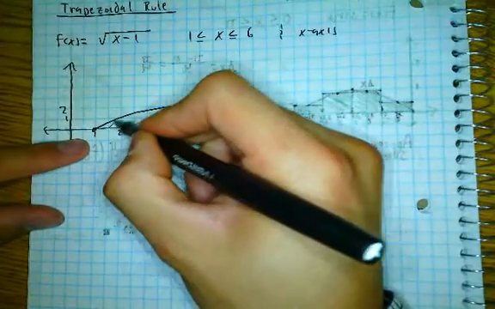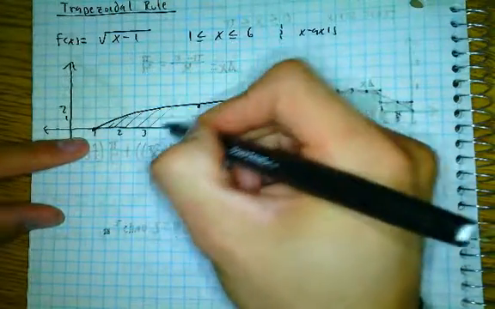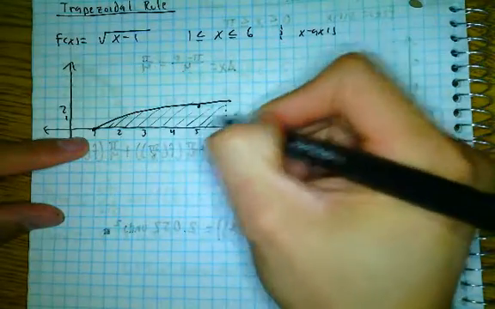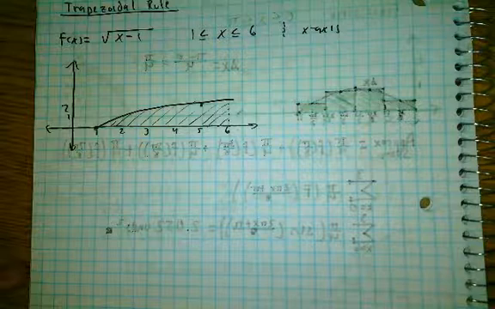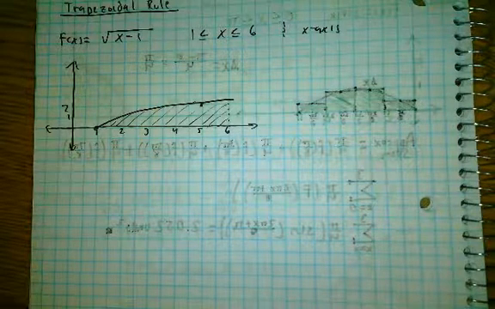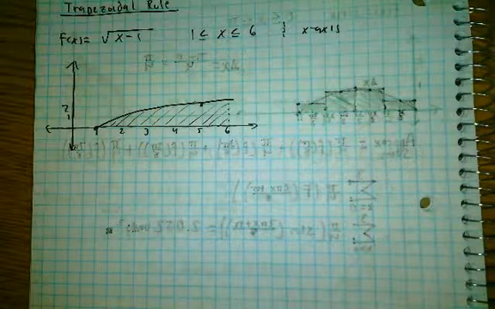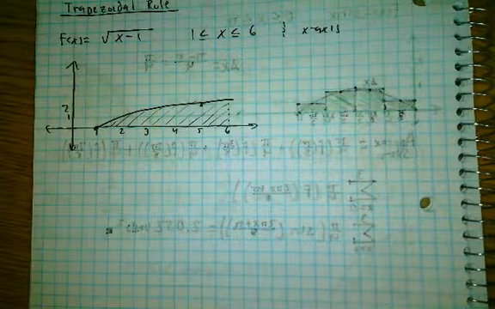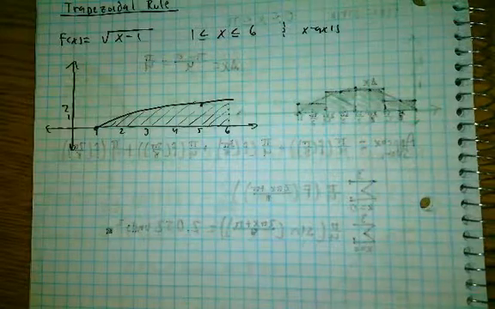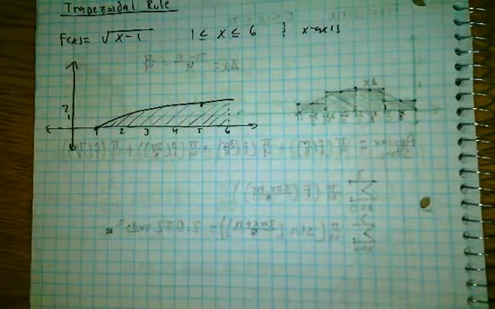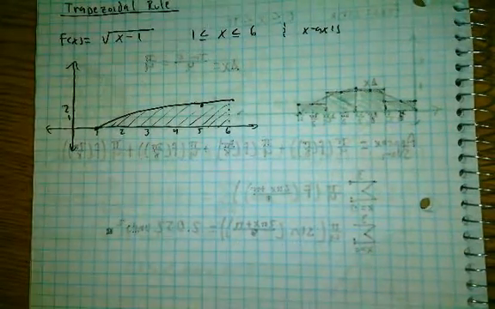Let's use 5 rectangles to keep our life simple. Well, not rectangles, we're going to use 5 trapezoids since we're going to use the trapezoidal rule. So let me show you what I mean by that, okay? So we're going to use 5 trapezoids of same height.